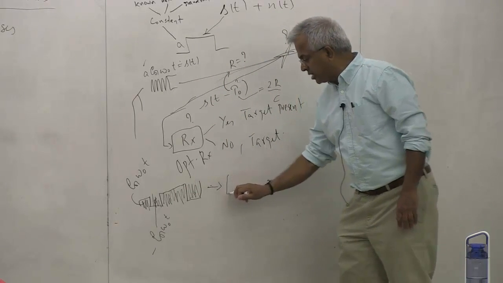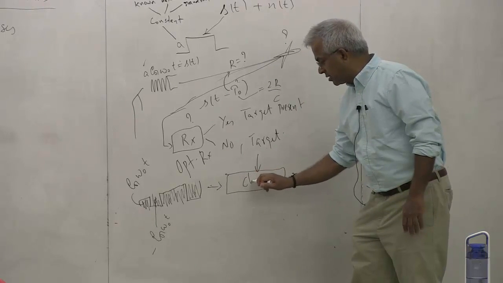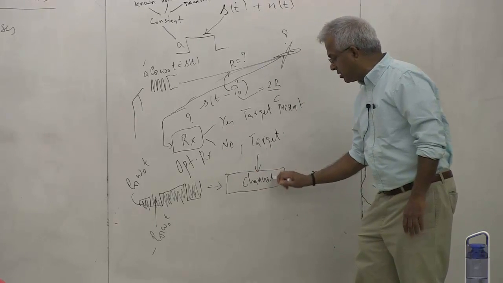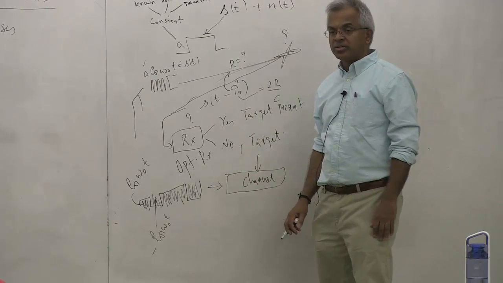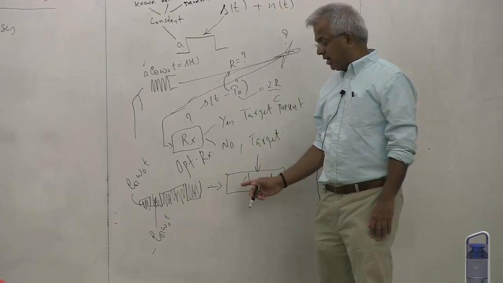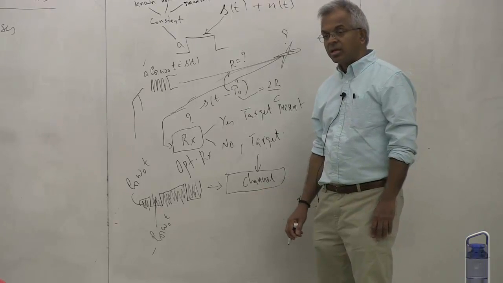Then it goes through the channel, and the channel adds noise, etc. The channel may distort the signal. Let's say we have an ideal channel that doesn't do any distortion. But generally, if the channel has its own impulse response, it could distort.